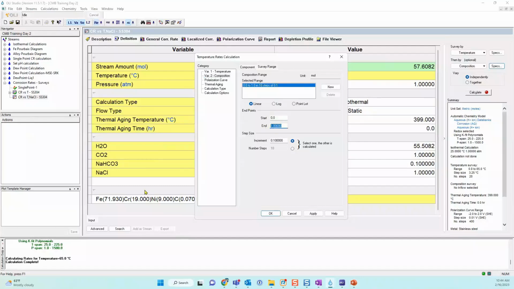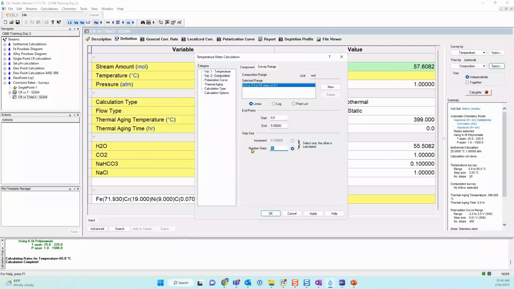to saturation. So the saturation of sodium chloride is around 5.5 moles of sodium chloride in water. And that's the limit I want to reach, the saturation limit of sodium chloride in water. I also want to calculate 20 points.